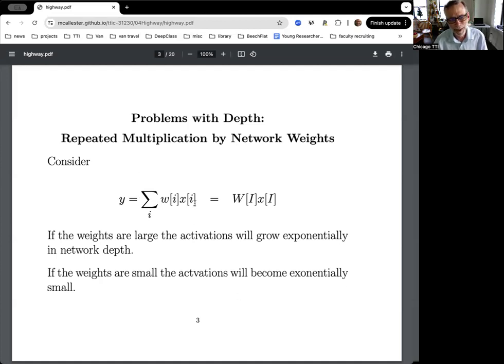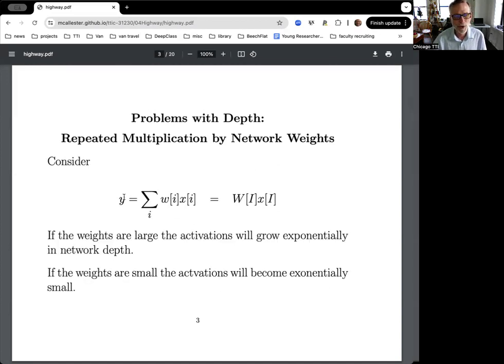And if these were independent, taking a sum of independent values increases the sum by the square root of the number of things we're adding. So if we initialize the weights to be 1, we get exploding values. And once we get exploding values, we're also going to get exploding gradients. So this is a problem.